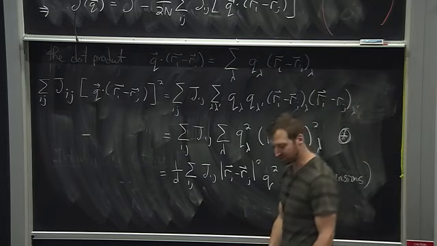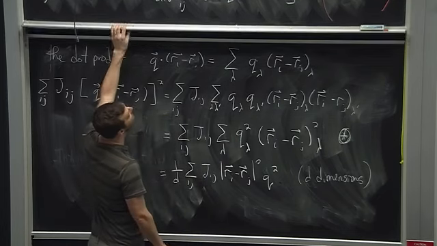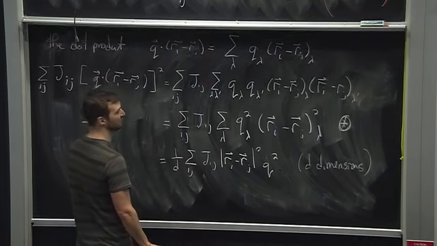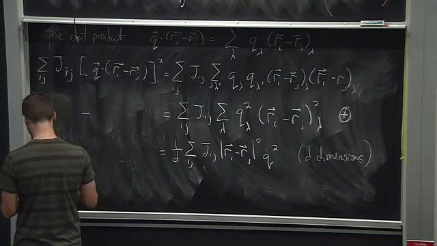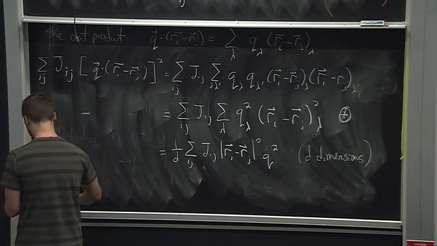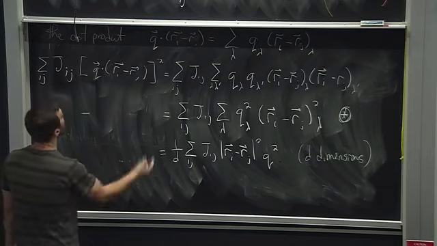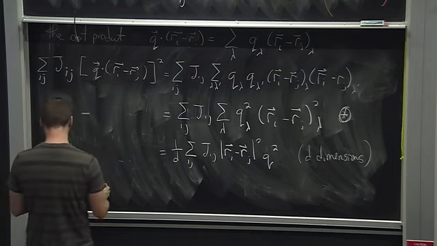So let's call everything else some whatever, kappa, something that has no Q dependence. I've got an N, so 1 over N d.